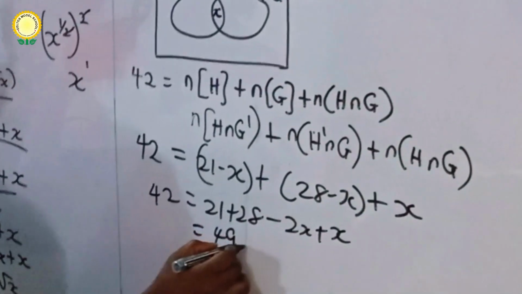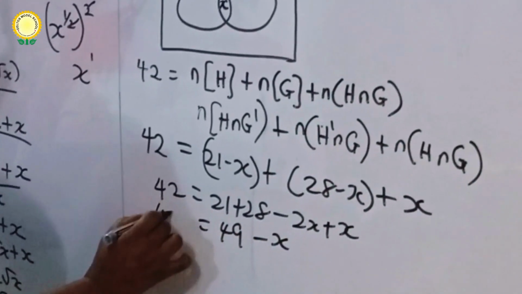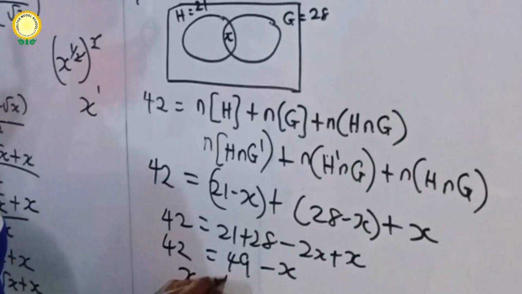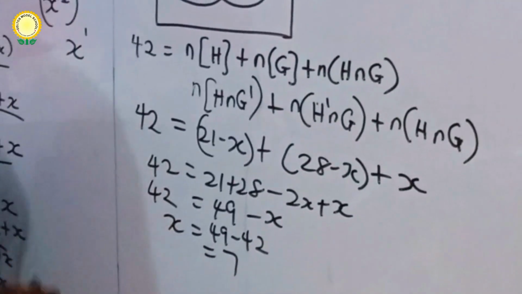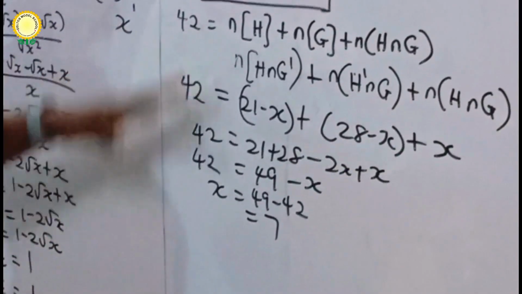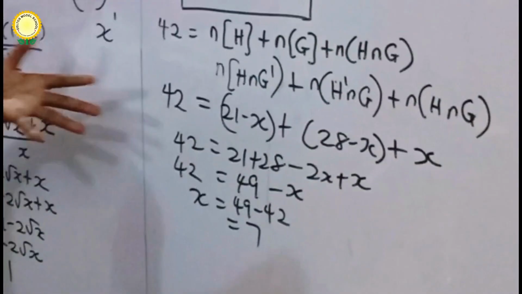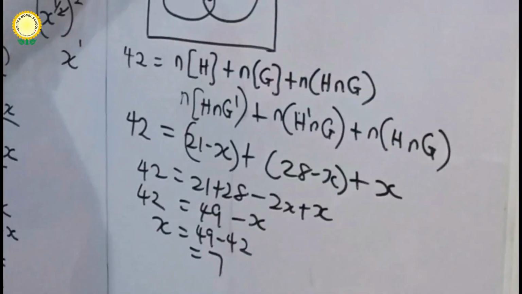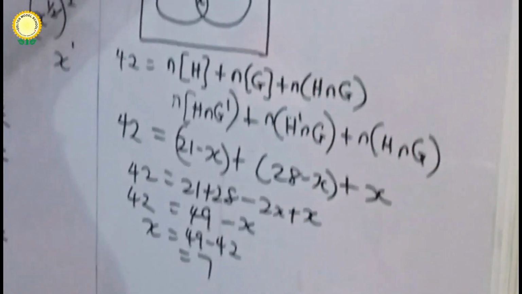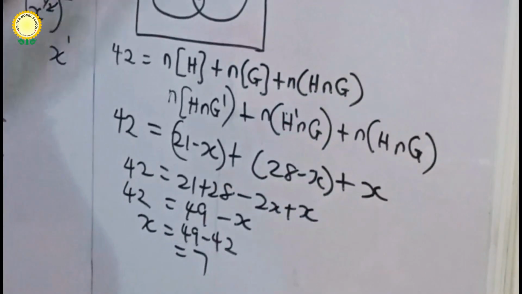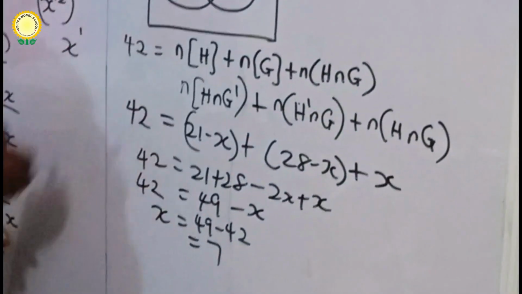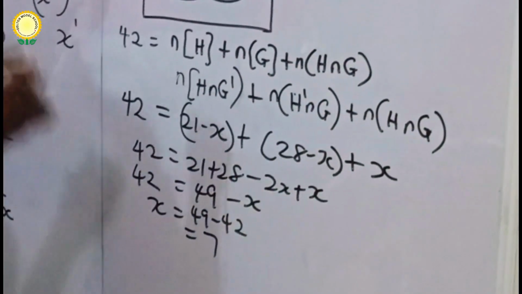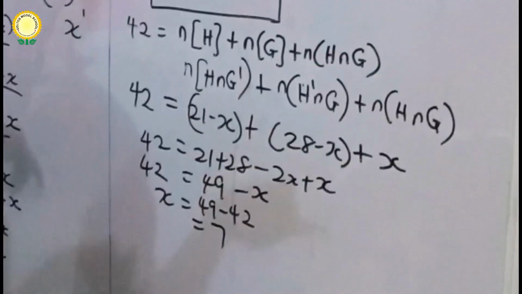So we have 49 minus x is 42. X equals 49 minus 42, which is equal to 7. Okay, this is advisable when the equation is complicated. But from here, you can easily see 21 plus 28 is 49. 49 minus 42 is what? 7. So 7 students are offering both.